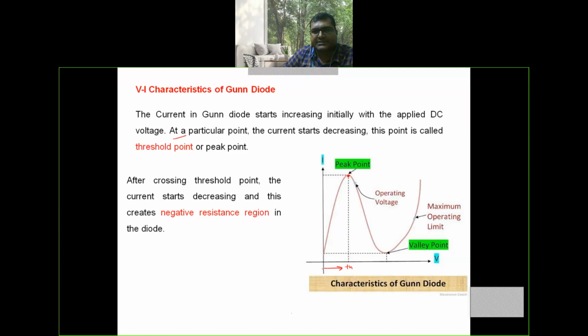This is the position of the negative resistance region. Due to this negative resistance region, the diode acts as an amplifier and oscillator.